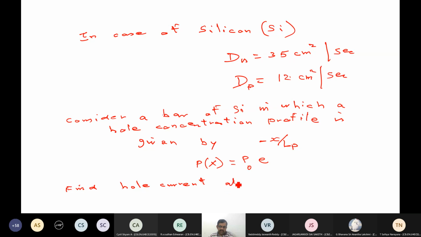at x equal to 0. Given P naught equal to 10 power 16 per centimeter cube.